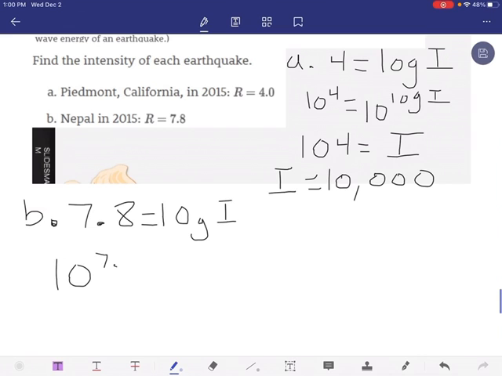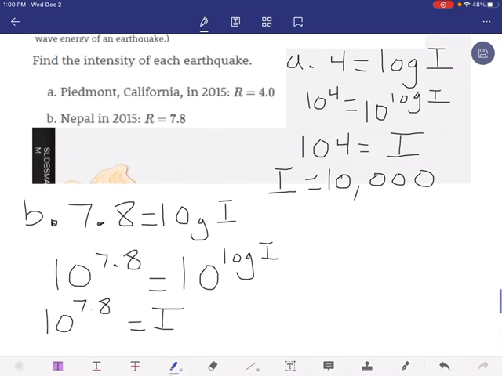Again, raising both sides as a power of 10. So we get that I equals 10 to the 7.8.